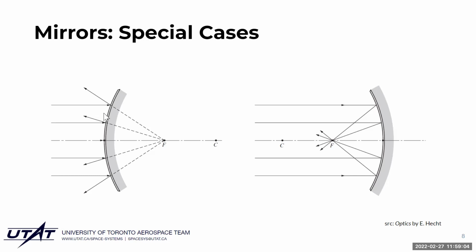Here, this is a concave mirror and this is a convex mirror, and you can see how the angles and everything are the same if your curvatures are just opposite, but instead your image will be virtual and you can't project it onto a screen.